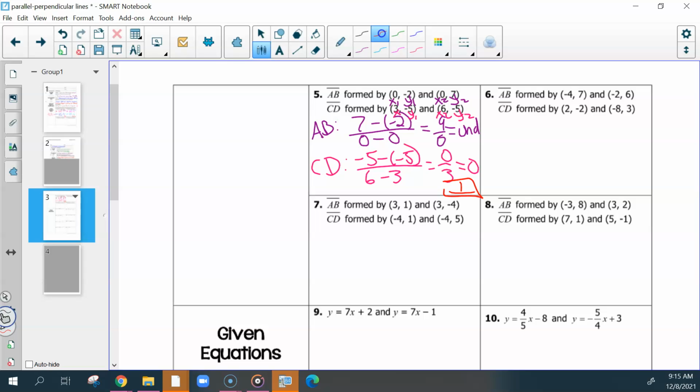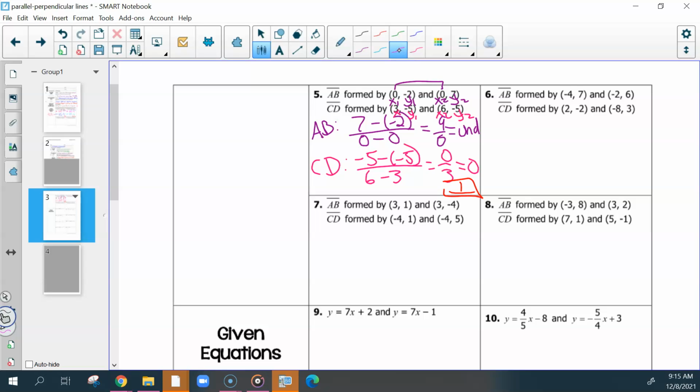Another thing with these, and I believe this is something I mentioned when we were first doing slope. Here we have the same x's, which means they would cancel out in our denominator and be undefined.